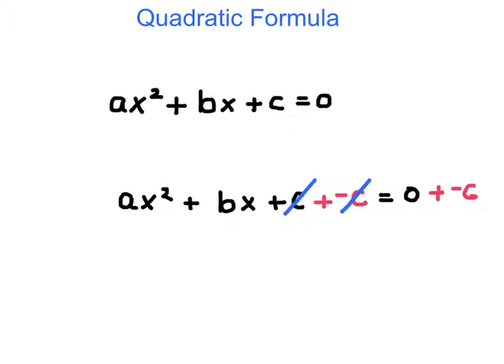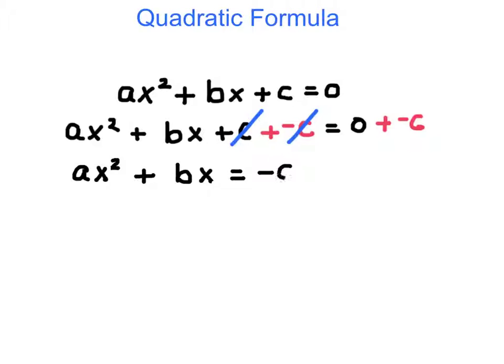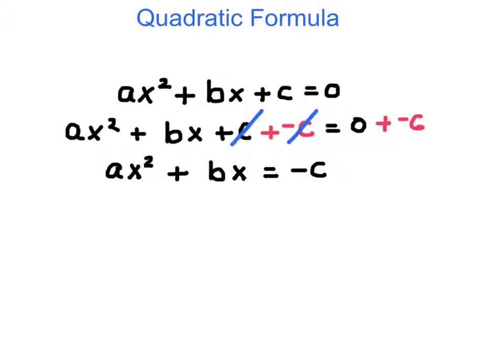So let's move these up a little bit. Now what I have on the left-hand side is ax squared plus bx is equal to a negative c. Remember, we're trying to isolate x.